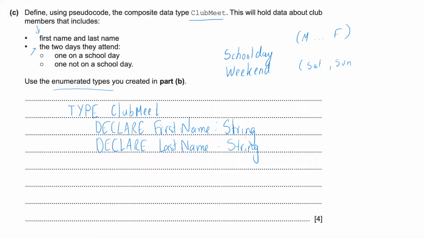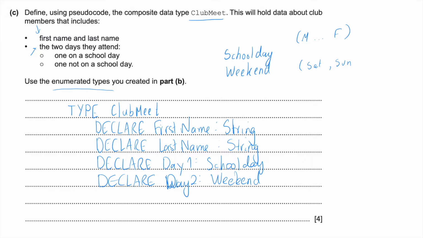So I guess we can just create a variable called day 1, which is going to be of school day data type. And then day 2, we'll call this day 2, and that's going to be a weekend data type. And then end type, and that's pretty much it.